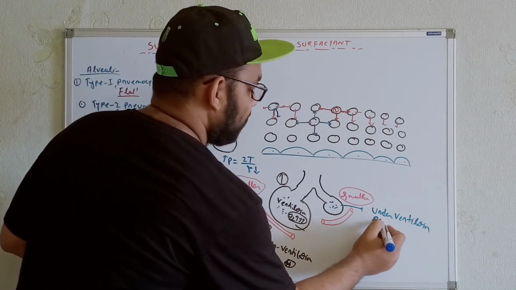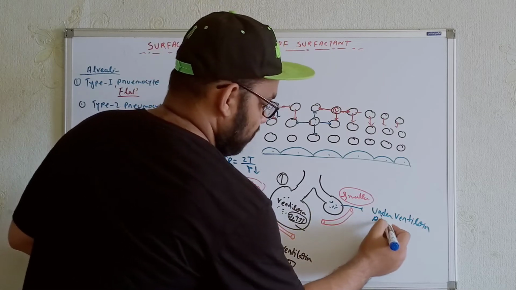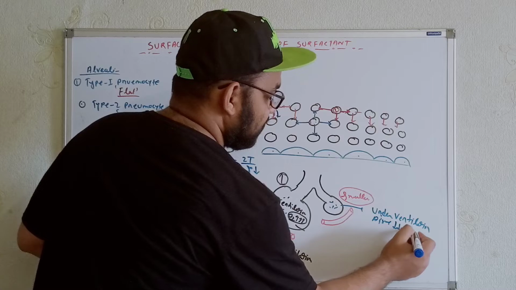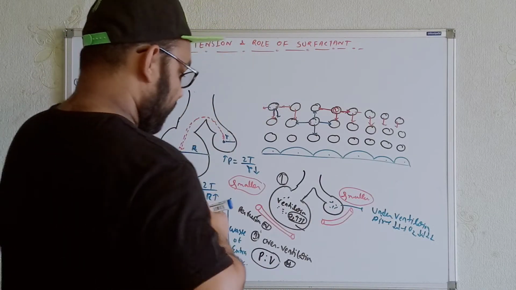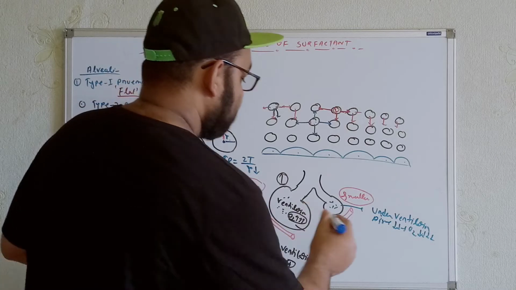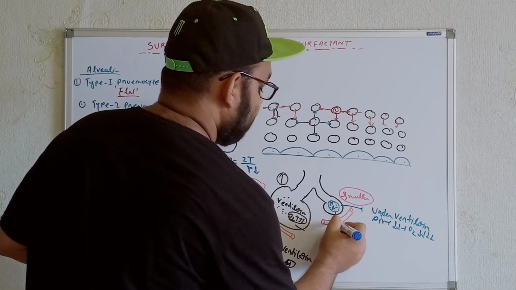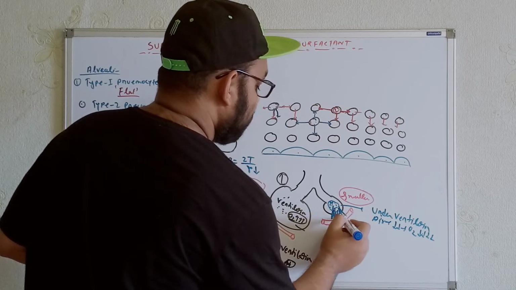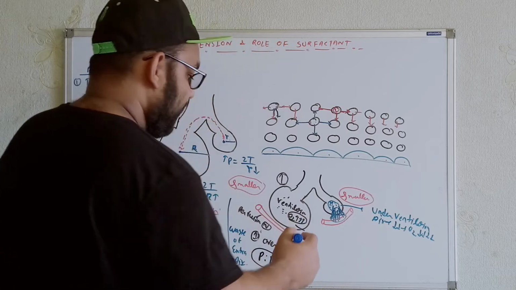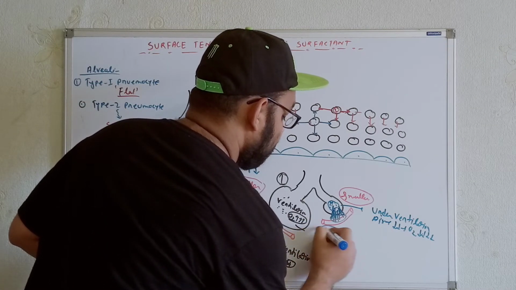Whenever we are getting under ventilation, definitely the amount of air over here is not sufficient to get exchanged with the blood. The air is less, so in terms of oxygen that will also be less. Less air is coming over here, but the perfusion is normal.